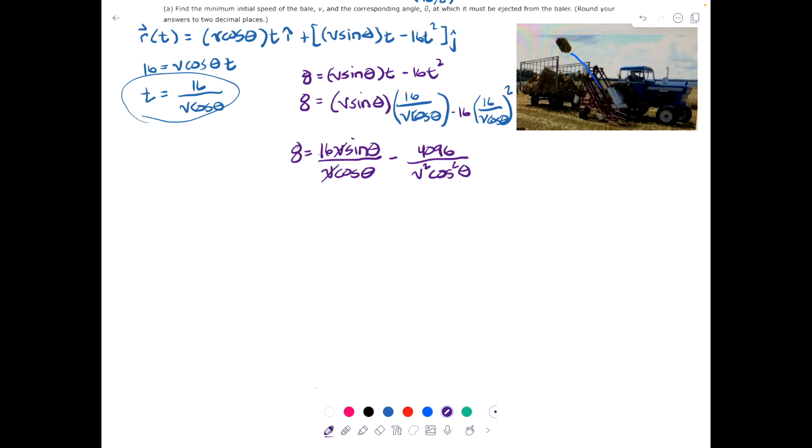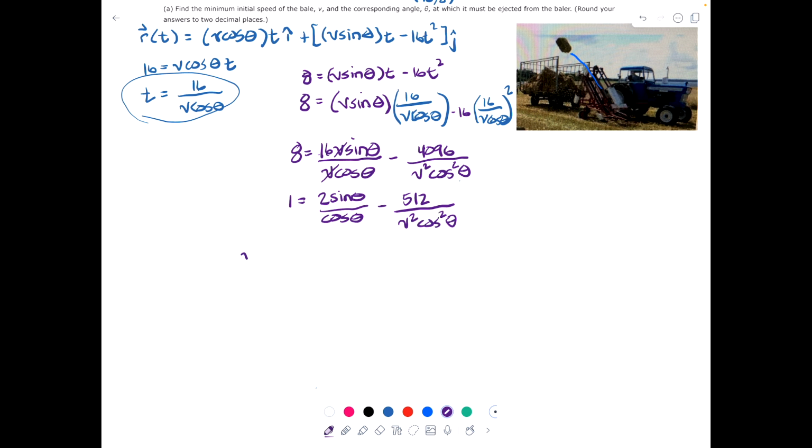So then dividing by 8, we'll get 1 is equal to 2 sine theta over cosine theta. For now, I'm just going to keep everything in terms of sines and cosines. And then this will be minus 512 over V squared cosine squared theta.